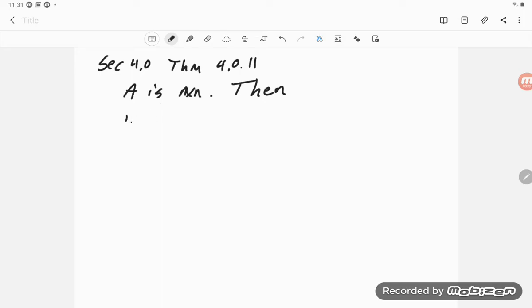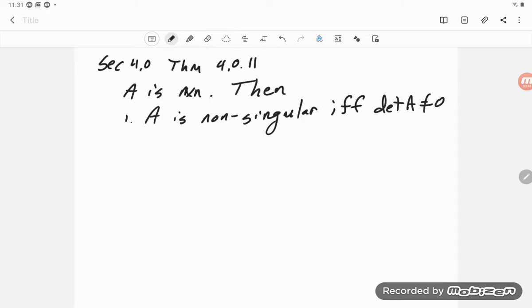One, you could say A is non-singular if and only if the determinant of A is not 0.